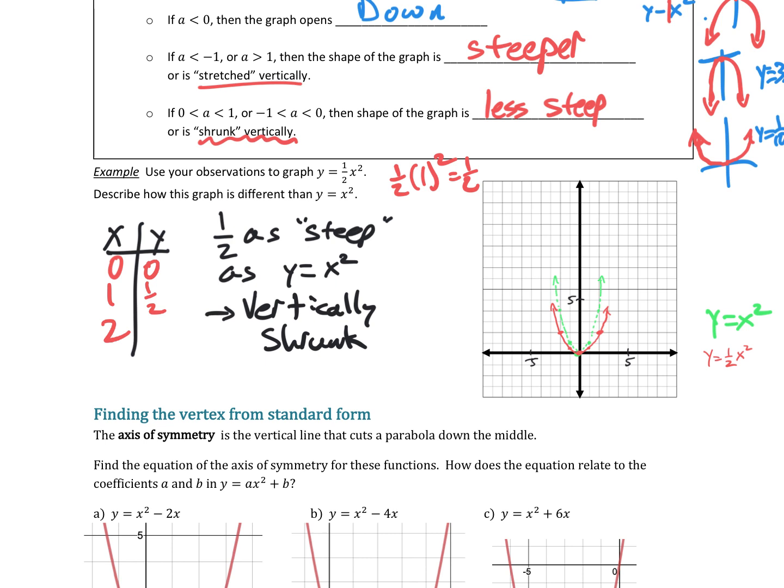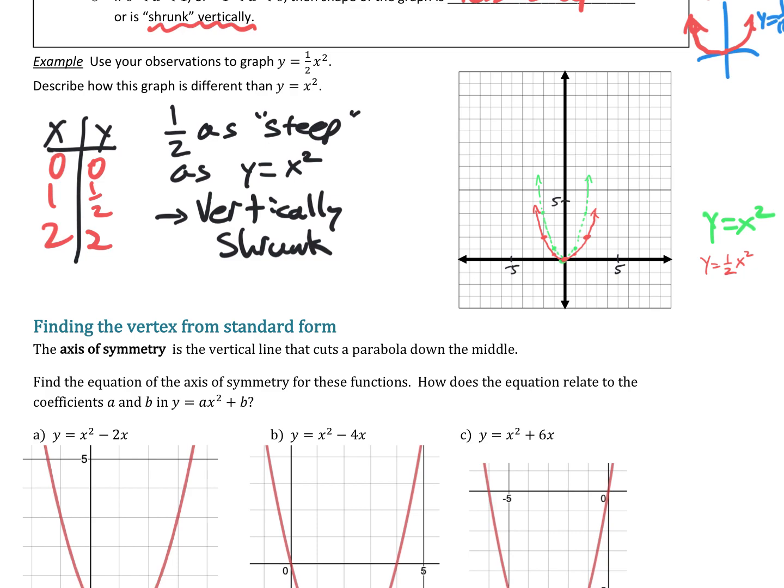Plug in 2: 1/2 times 2 squared, well, 2 squared is 4, and half of 4 is 2. Those are the points that we got here: 0, 0, 1, 1/2, 2, 2. They're symmetrical, so we can go to the other side and find that.